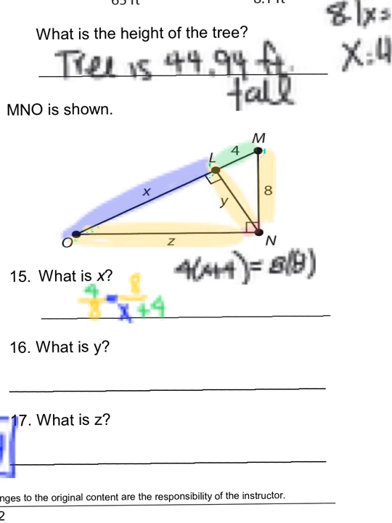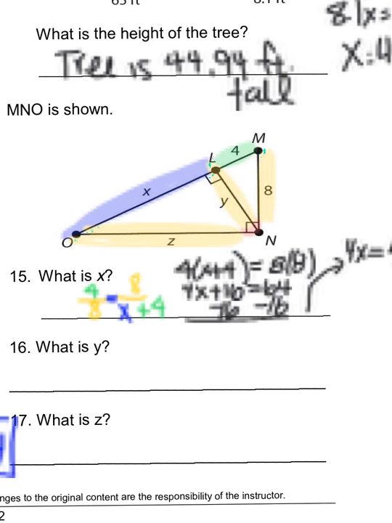Should look like this. So 4 times x plus 4 equals 8 times 8. Now you would need to distribute the 4. After you're done distributing, it will look like this, and you need to subtract the 16. So now 4x equals 48, and I need to divide by 4. That would mean that x is equal to 12.